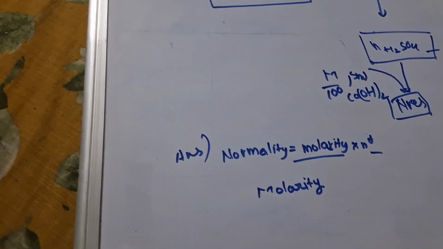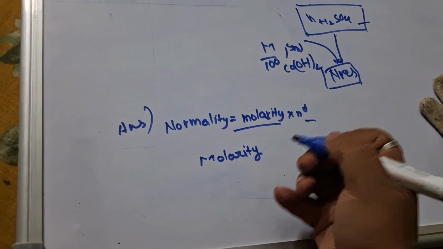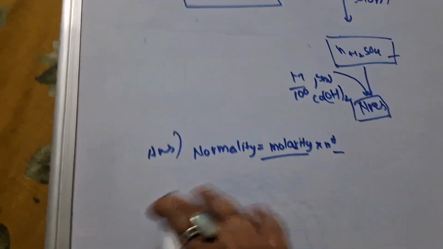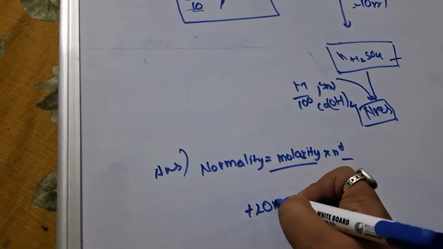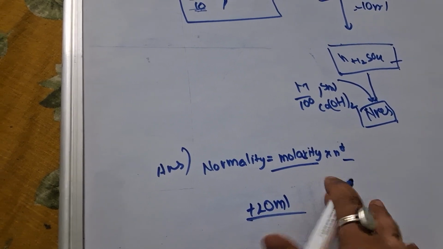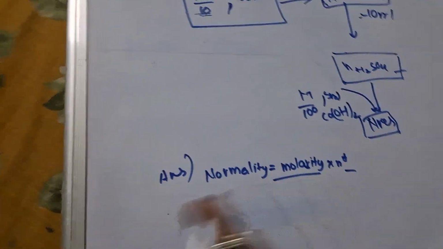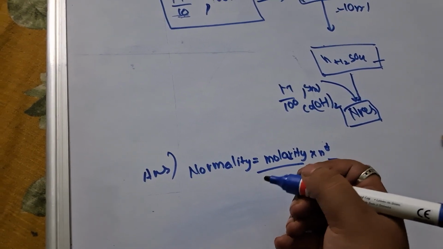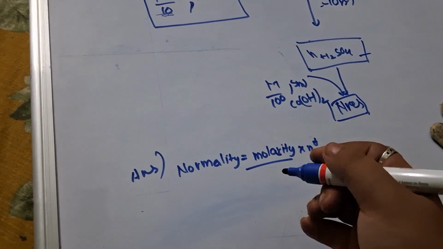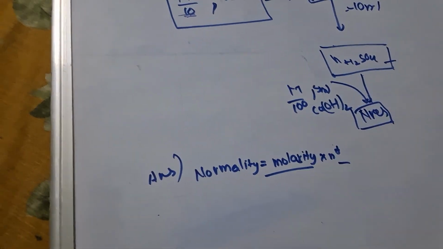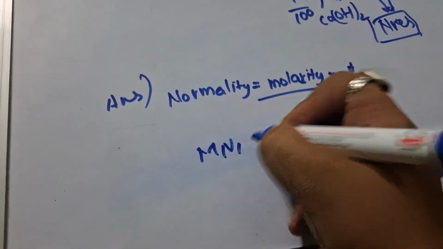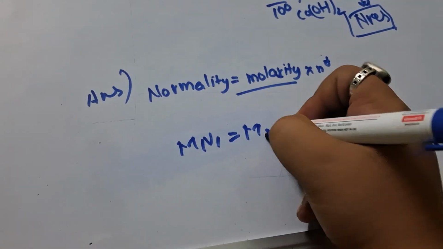Give me 1 second. Yeah, so we have to find the change in molarity. Of course, you are adding 20 ml, so the molarity will change. This is a case of dilution. So what is the formula of dilution? It is M1V1 equals M2V2.